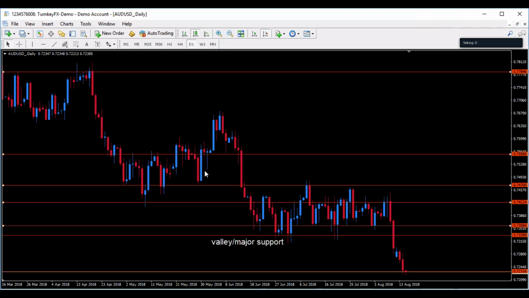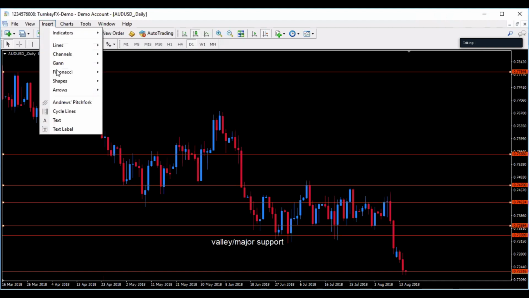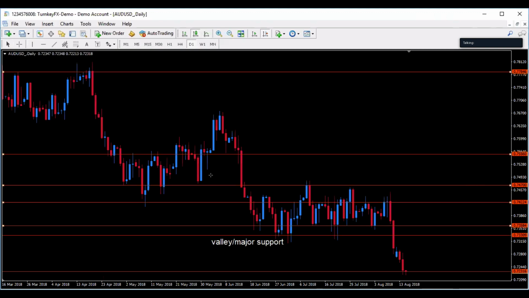I don't know if you guys are too familiar with engulfing candles, but this right here is an engulfing candle.